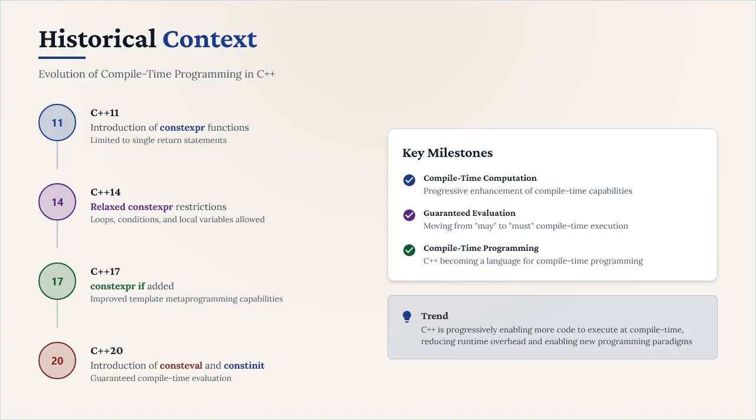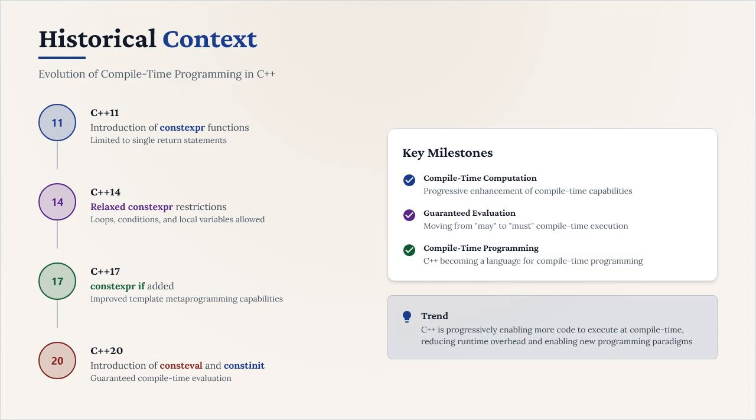C++17 added constexpr if, which improved template metaprogramming capabilities by allowing conditions to be evaluated at compile time, with only the true branch being instantiated. This feature made it easier to write templates that could handle different types efficiently. Finally, C++20 introduced consteval and constinit, providing stronger guarantees about compile time evaluation.